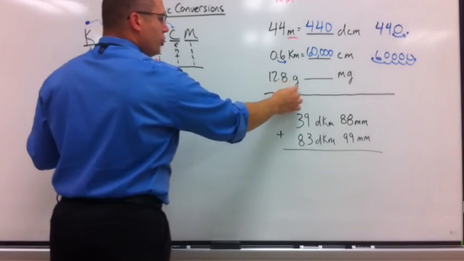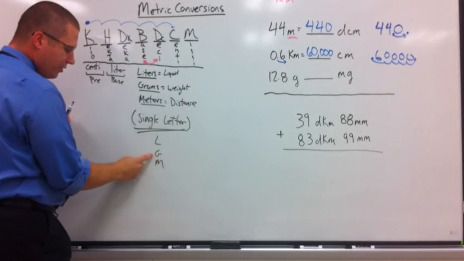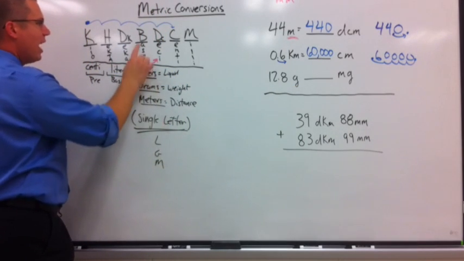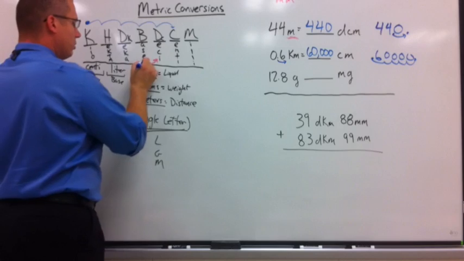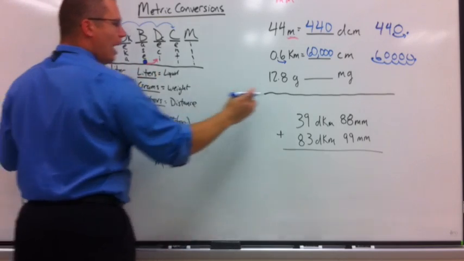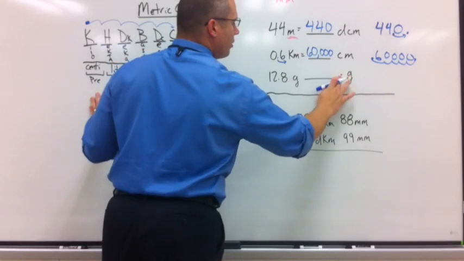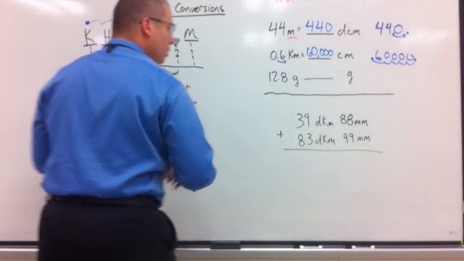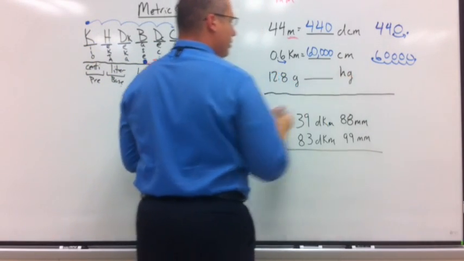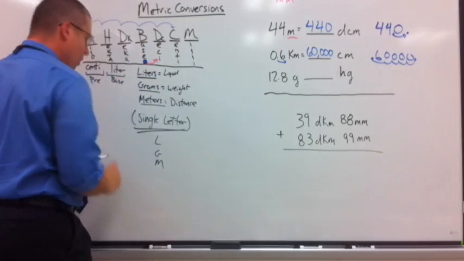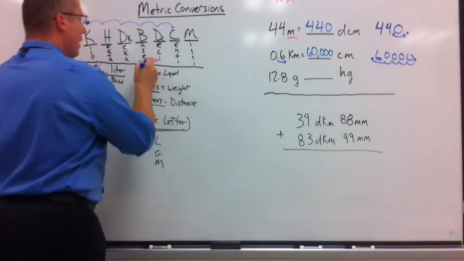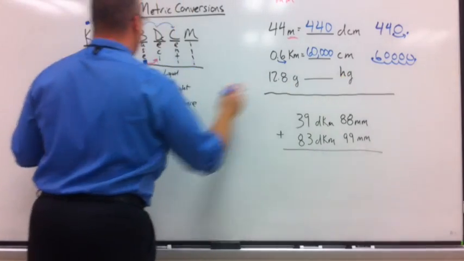Last one. G. G is a single letter, so that means I'm in the base. G. I must get to MG. Actually, you know what? Let's change this. Let's make this HG. So I'm starting at G, which is base, and I need to go to HG.